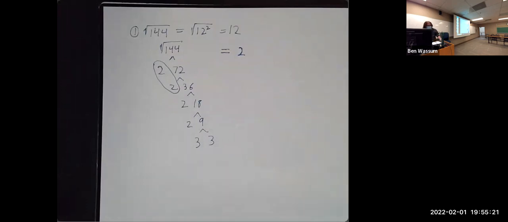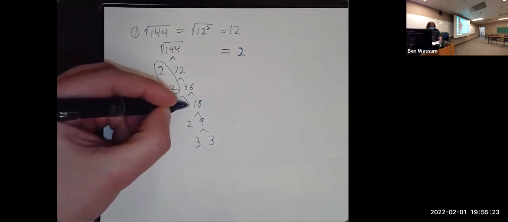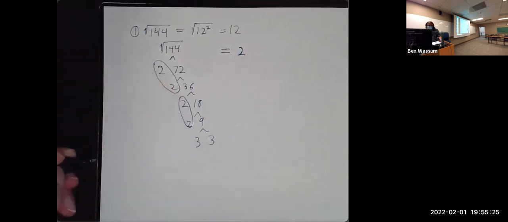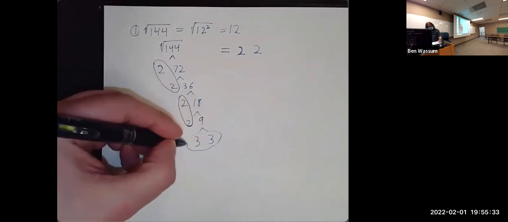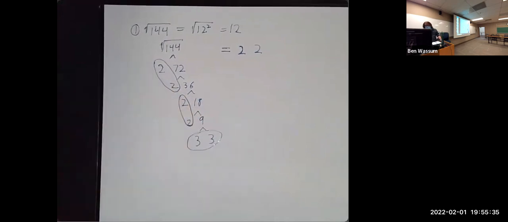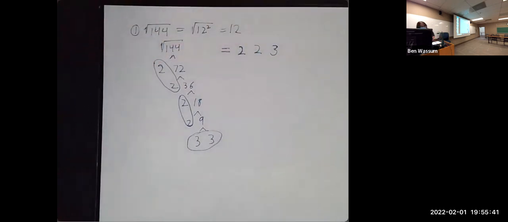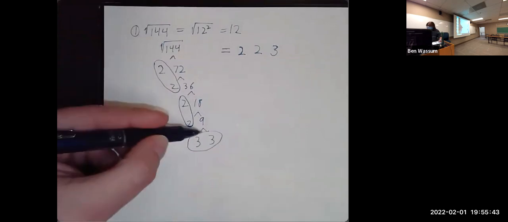Okay. So again, I have another one. So another 2 comes out. I have another, those 3s. That's a perfect square. That's 3 squared. That 3 comes out. Now I get a lot of people who are confused as to why anytime I pull something out, these are all multiplied.